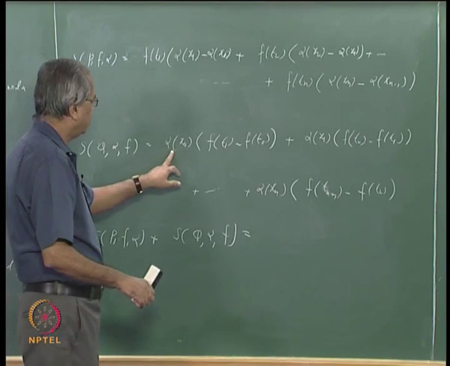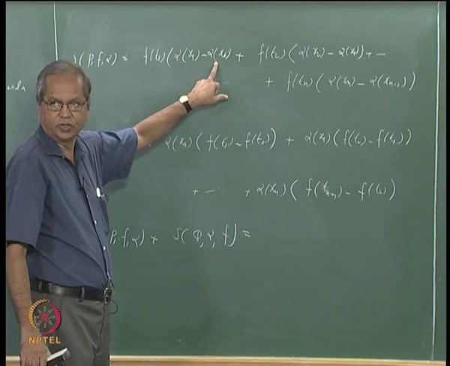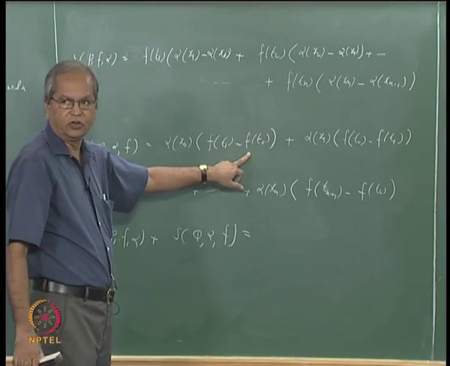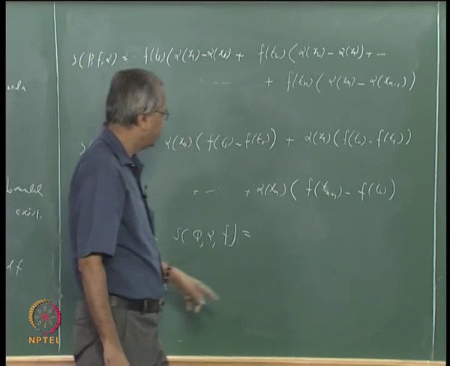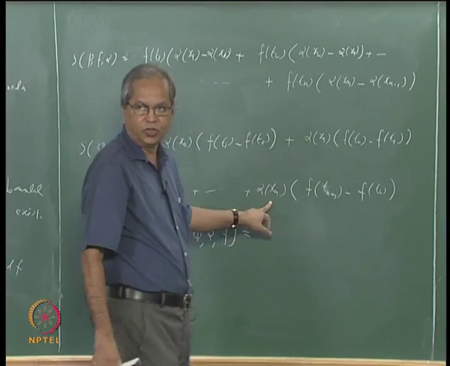What will remain? For example, here you have alpha x0 f t1, here you have minus alpha x0 f t1. So what will remain is the minus alpha x0 f t0, corresponding to that there is nothing here. And finally here also f t(n+1) alpha xn, corresponding to that also there is nothing.